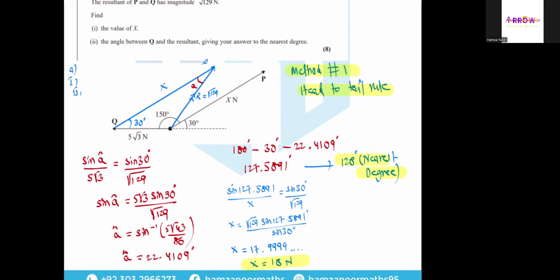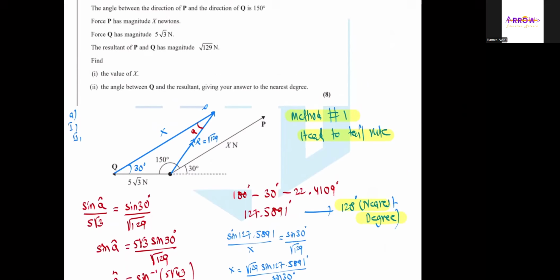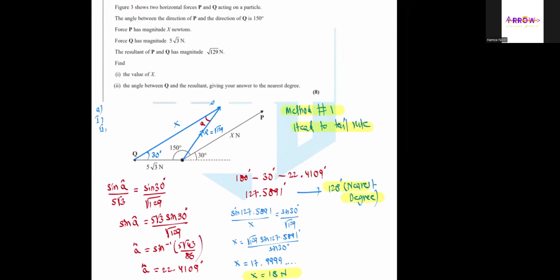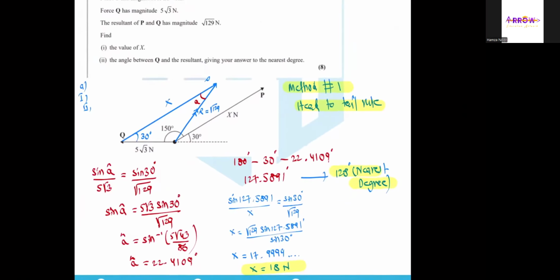And now I can use this angle in order to find the value of x, the magnitude of force P, because this force P is opposite to this angle which we found in part 2. So that's perfectly fine if you are attempting the complete question and first in your working you solve part 2 and then you solve part 1. That is perfectly fine as well.